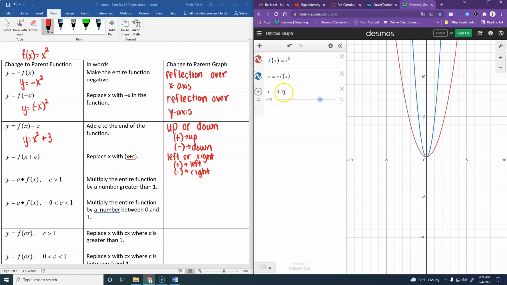So numbers bigger than 1 are actually, instead of making it wider, they actually make it skinnier. But if we think about it, instead of wide or skinny, if we think about it tall, right, it's being stretched vertically. So we will call this a vertical expansion, or depending on where your assignment comes from, some textbooks do use the word stretch.